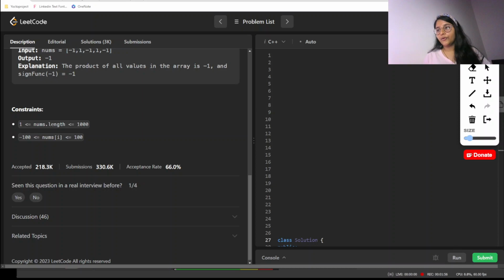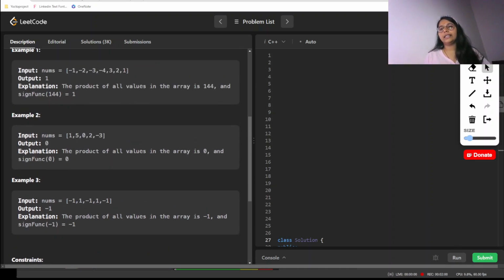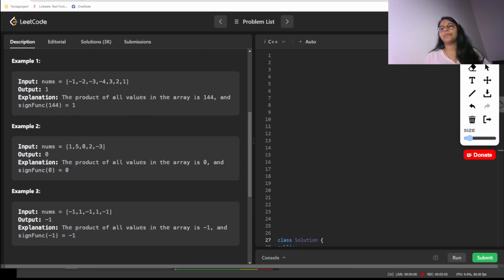Now comes the part for the examples which are given to us. Here we can see that if we multiply all of these numbers, whatever sign we get at the end, according to that we are required to return. If it is positive then 1, if it is negative then minus 1, and if it is 0 then we return 0.